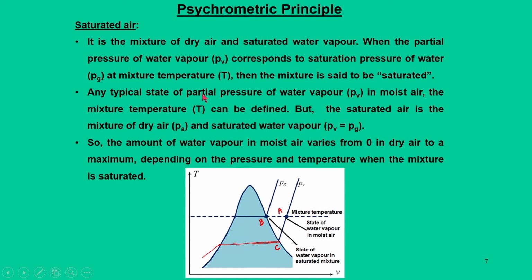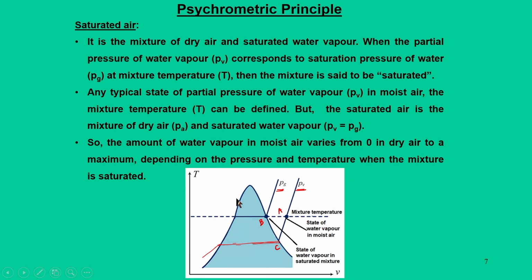For any typical state of moist air, the partial pressure of water vapor Pv and the mixture temperature can be defined, but for saturated air the mixture has Pa and the saturated vapor pressure Pv now becomes Pg. Originally, the water vapor present in this mixture has partial pressure Pv, but when we reach the saturated state, Pv becomes Pg because the pressure is increased.